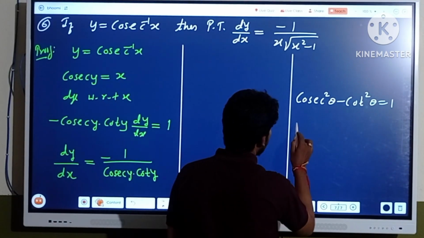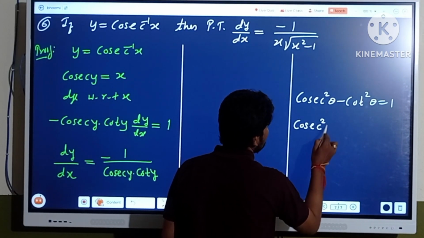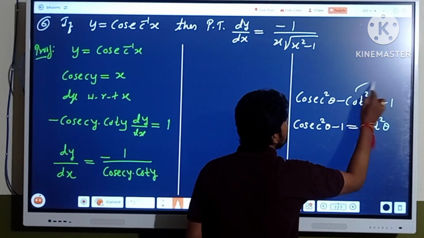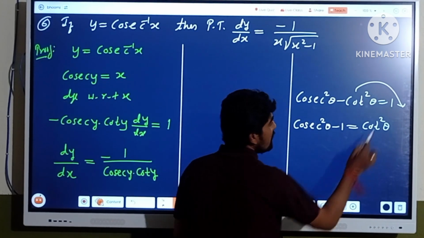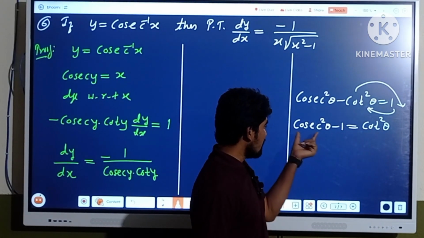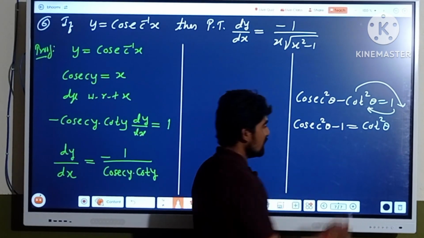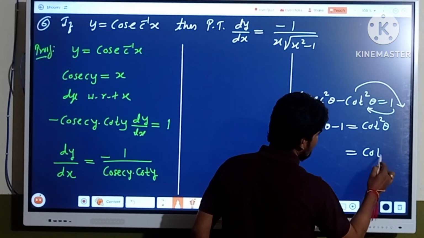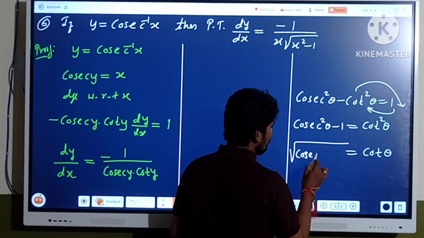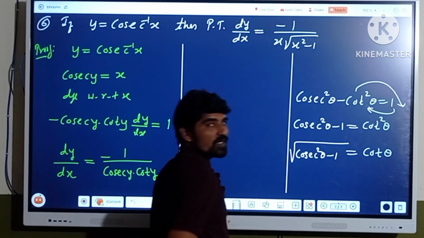So it means cosecant square theta minus 1 definitely equals cot square theta, by shifting this cot square towards the right side and 1 towards the left side. So if cot square theta is cosecant square theta minus 1, definitely cot theta is equal to square root of cosecant square theta minus 1.